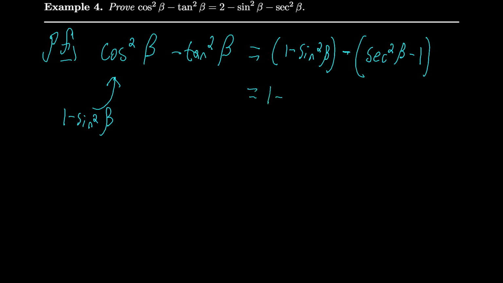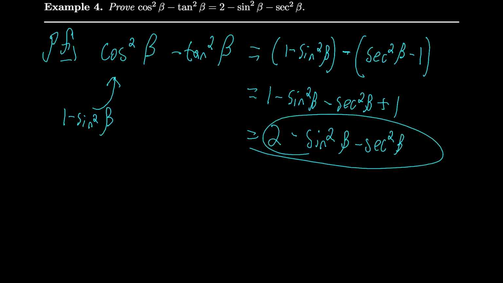So that's 1 minus sine squared beta. And then I'm going to distribute in this negative sign. So that's going to be minus secant squared beta minus a minus 1 is plus 1. The only thing left to do is notice we've got 1 plus 1. That's 2. Minus sine squared beta minus secant squared beta.